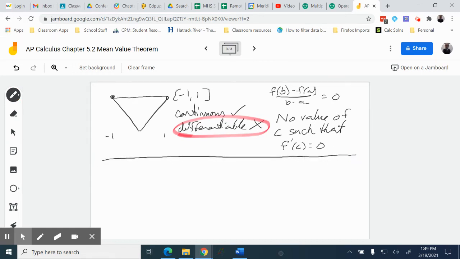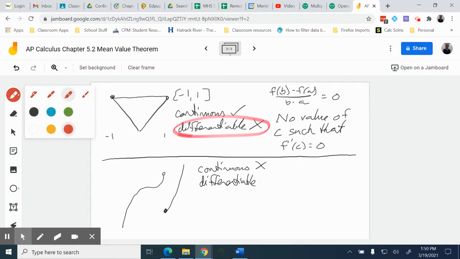Example number 2. Discontinuous function. Continuous? Nope. Differentiable? Irrelevant because we've already failed, and let's see what happens when we try to apply the mean value theorem.